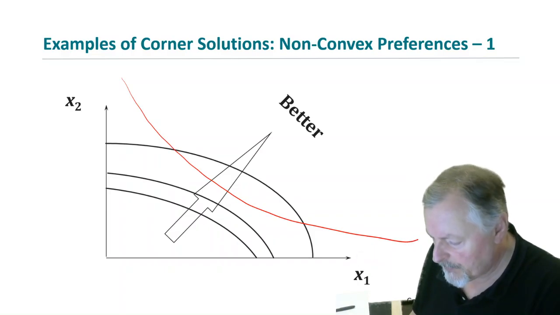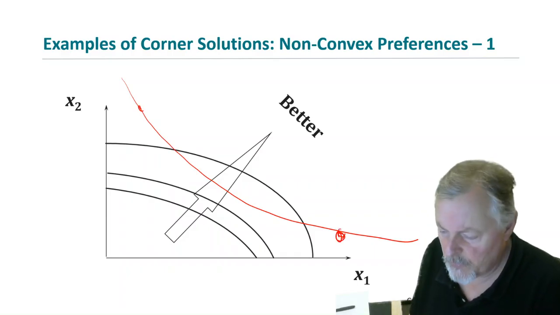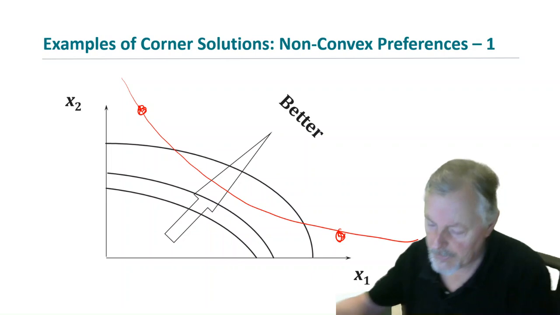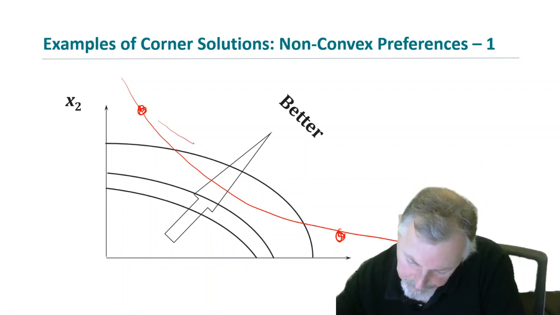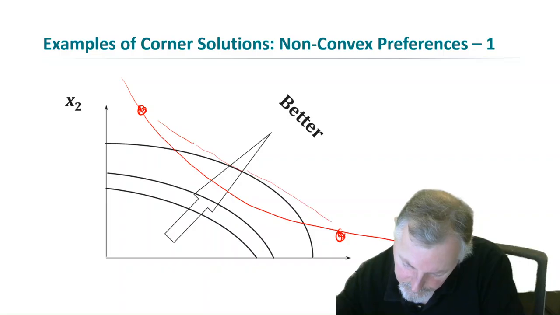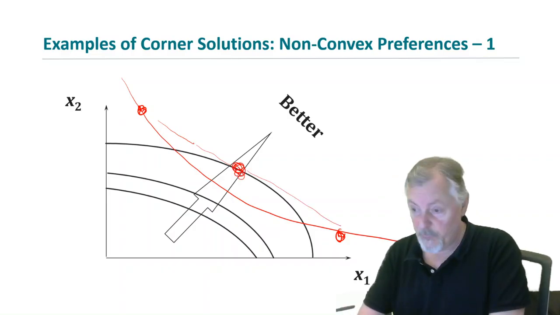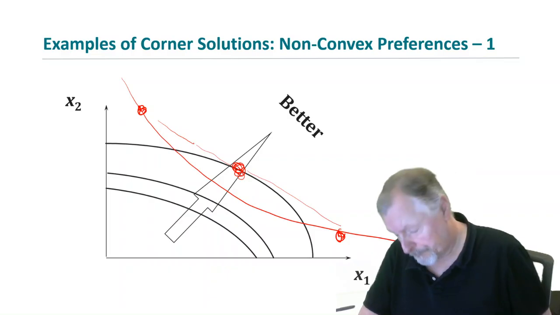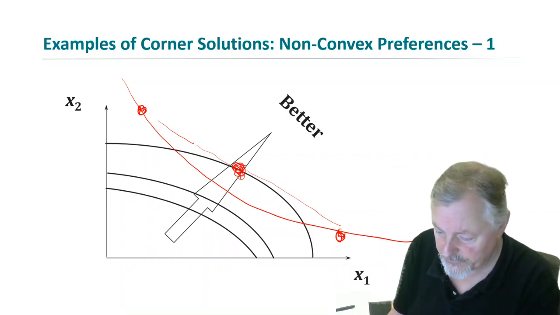So if the person had a whole lot of x1 and very little x2, or the other way around, well, they could trade them off to get some intermediate amount, because we know the budget constraint's a straight line. We know it goes through those 2 points, therefore it has to go through that point.